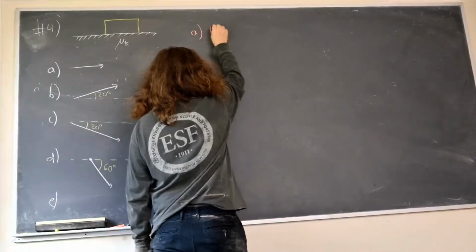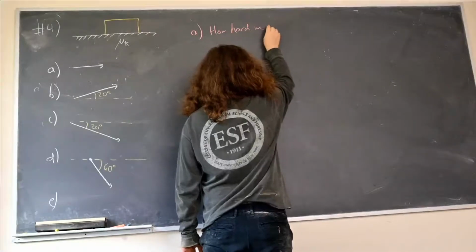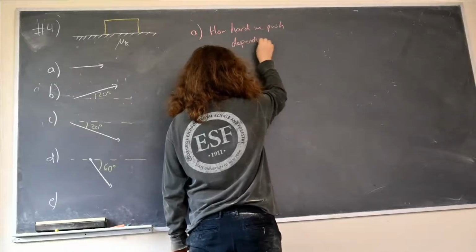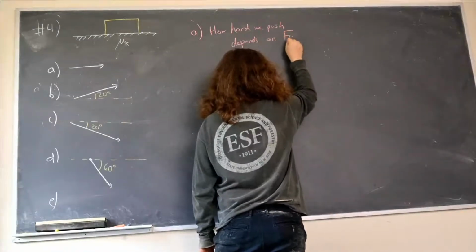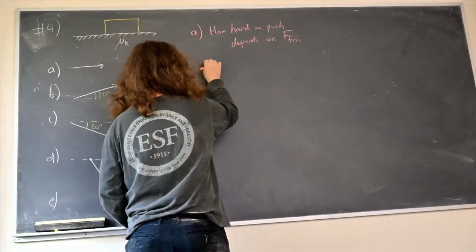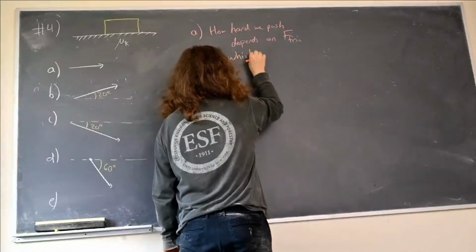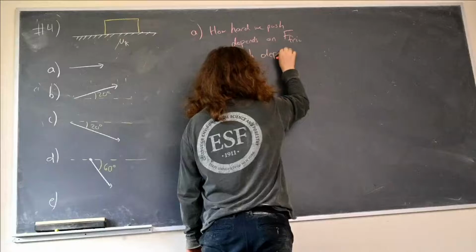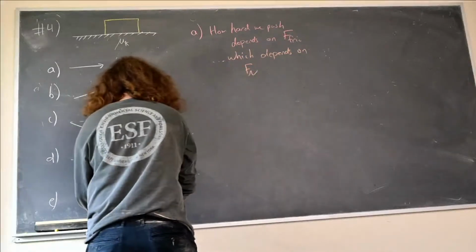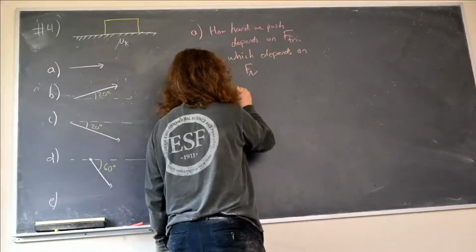So how hard we push depends on the force of friction. Which depends on the normal force. But the normal force is not equal to the weight of the thing.